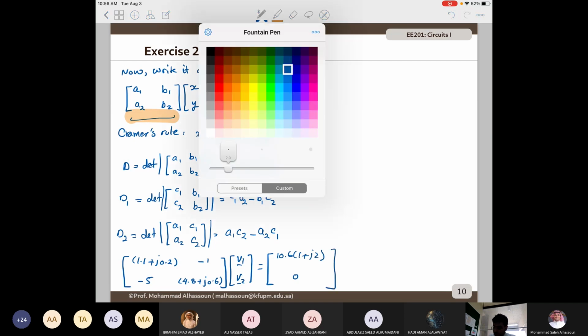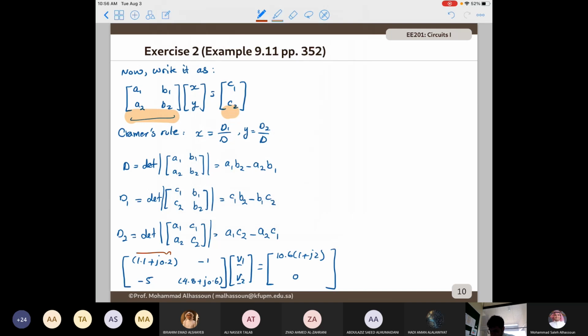Okay, so this term is A1, B1, A2, B2, C1, C2.